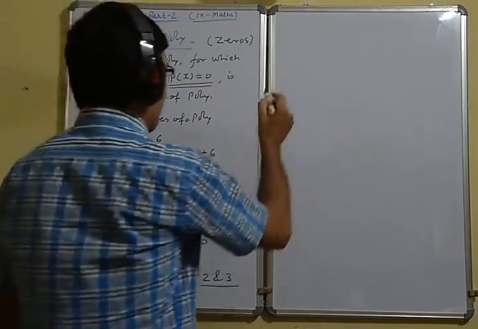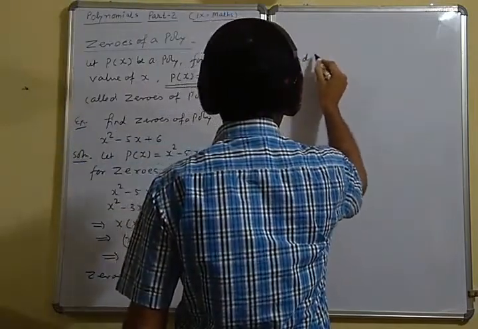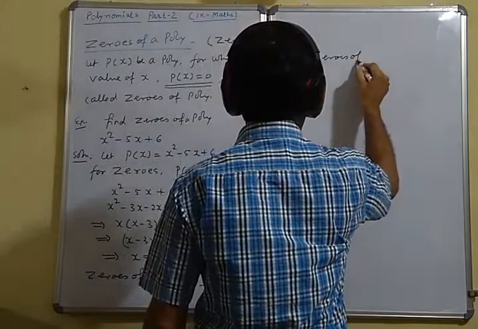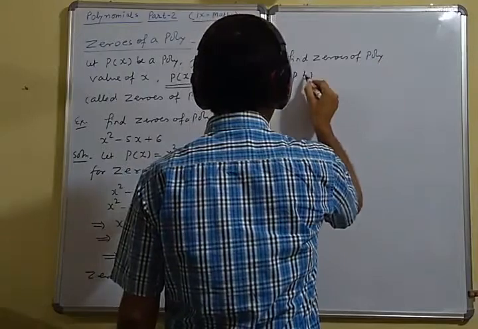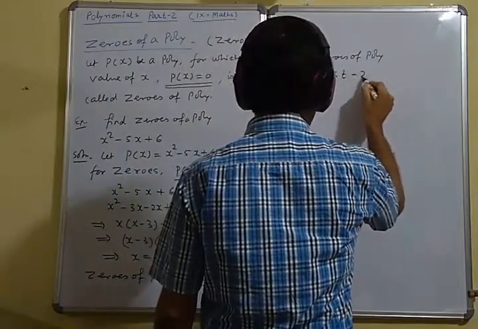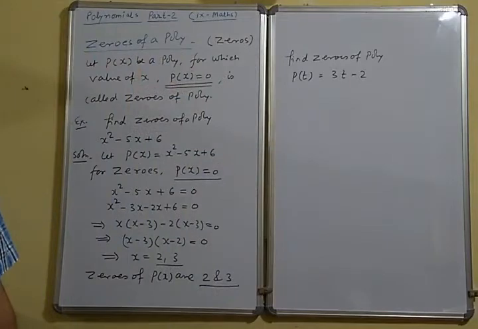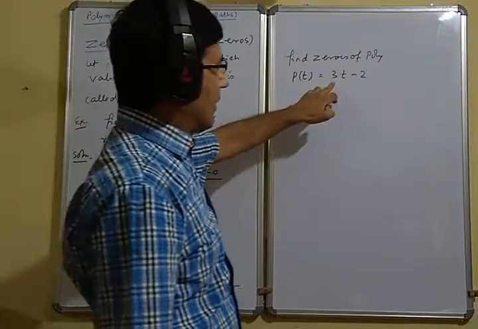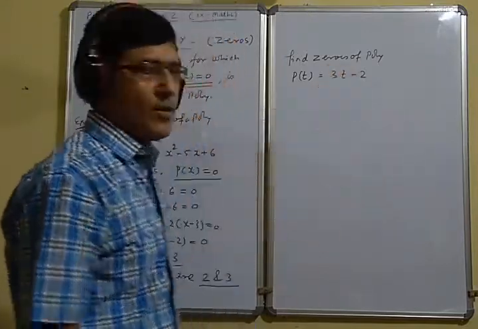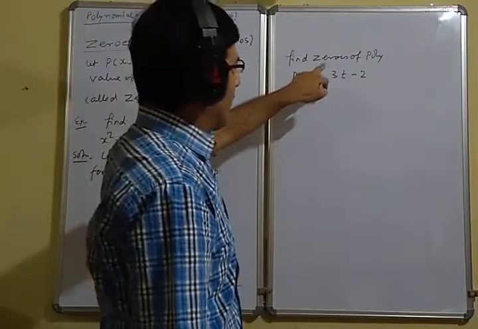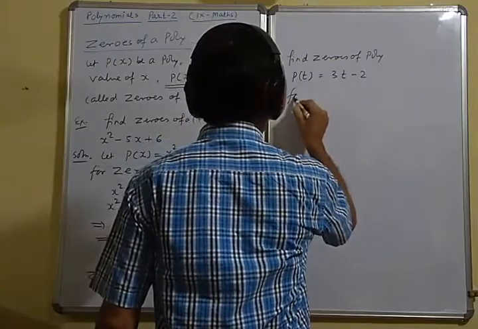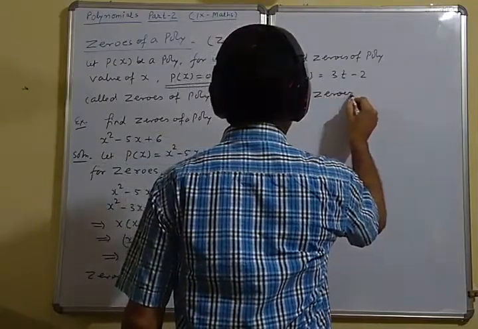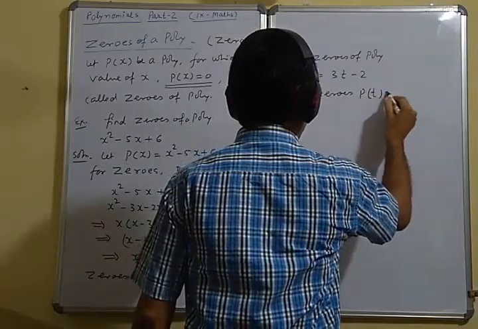So take another example. Find the zero of the polynomial P(t) equal to 3t minus 2. This is simply a linear polynomial, so you will get one zero. In the question it may be written as find the zero of the polynomial. So for zeros, P(t) becomes 0.